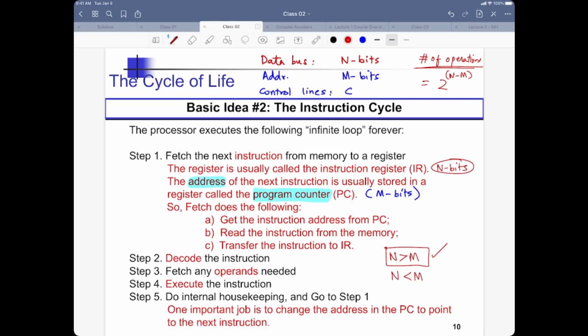Now, an interesting question. If you were doing branching, what would be the operand address for that? If you were doing branching, what would be the operand address for that particular instruction? Branching.